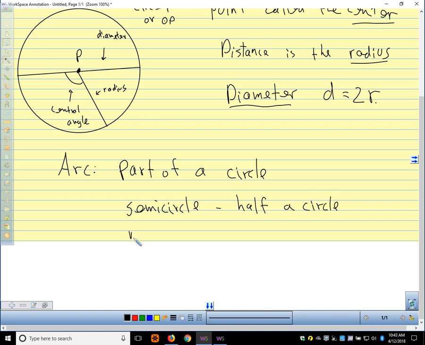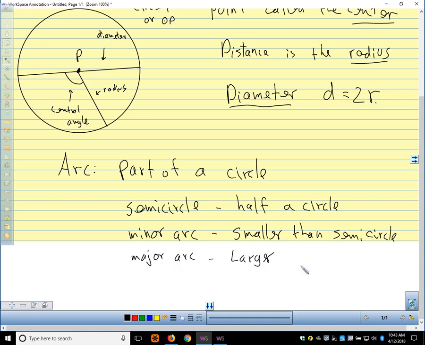A minor arc is smaller than a semicircle. And a major arc is larger than a semicircle.